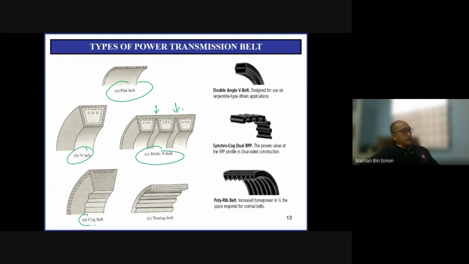This is a cogged belt. Cogged belt is actually also a V belt, but it is designed with another curve over here so that the belt becomes more flexible and can properly sit in the pulley groove. Timing belt is normally for precise movement, because its pulley also has teeth, like a gear, so it needs precise movement lah.